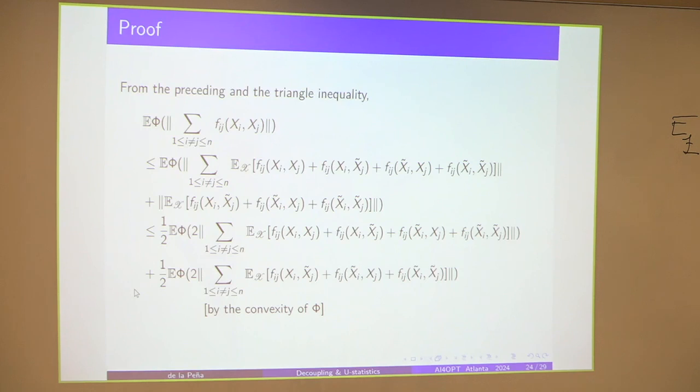So I start with the undecoupled sum, and then I add and subtract the terms that I just learned to add and subtract. And then in this case, I can use the triangle inequality to make this expected phi of A plus B.